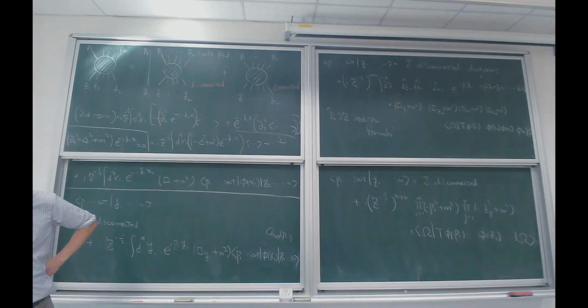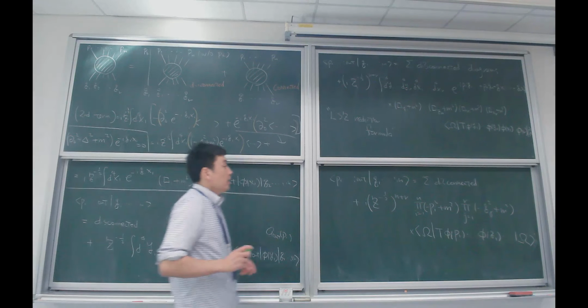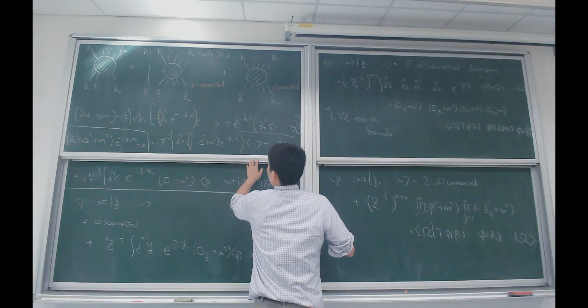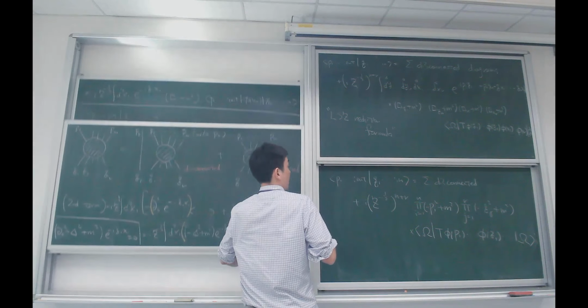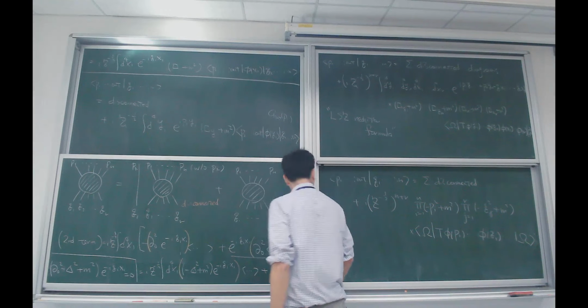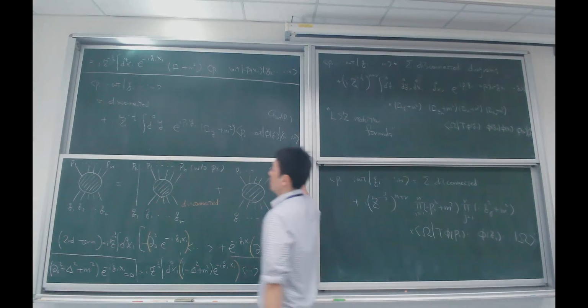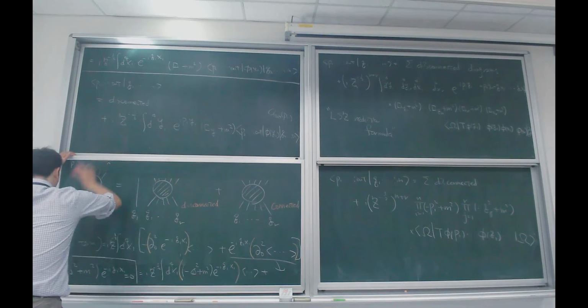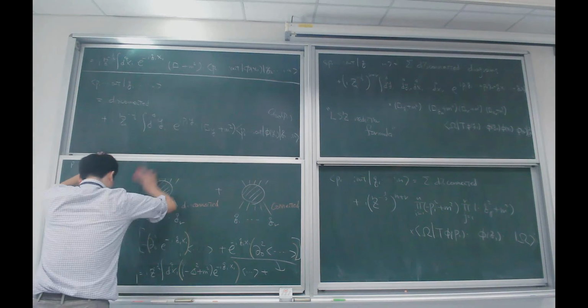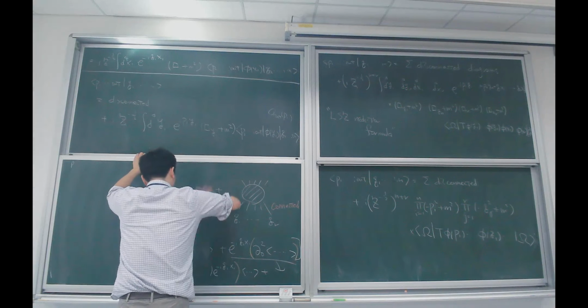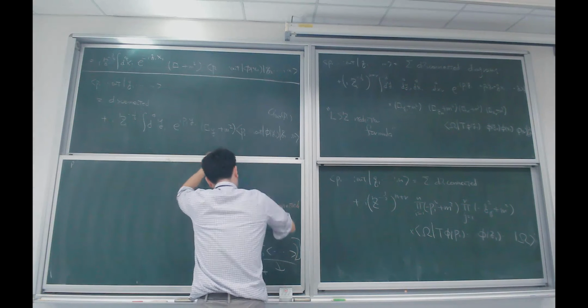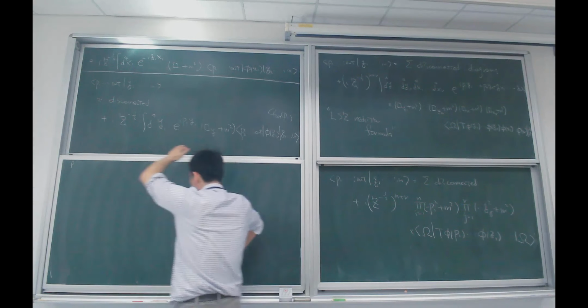Okay. So therefore, if you do that inverse transformation, what we have is a relation between the time order correlation function and S matrix theory.